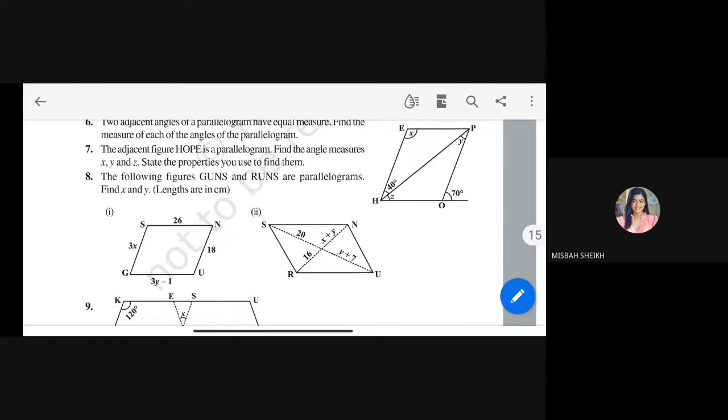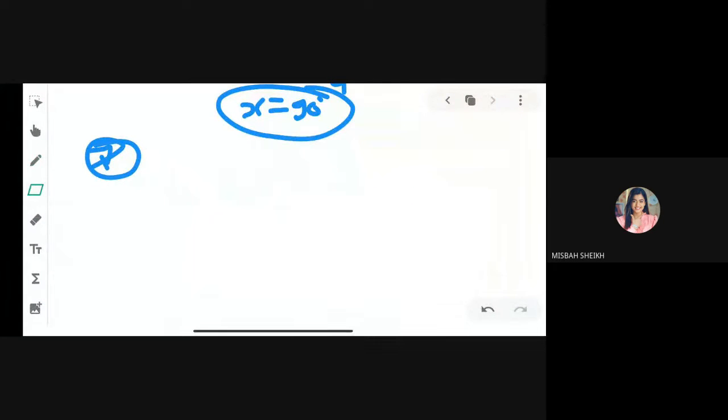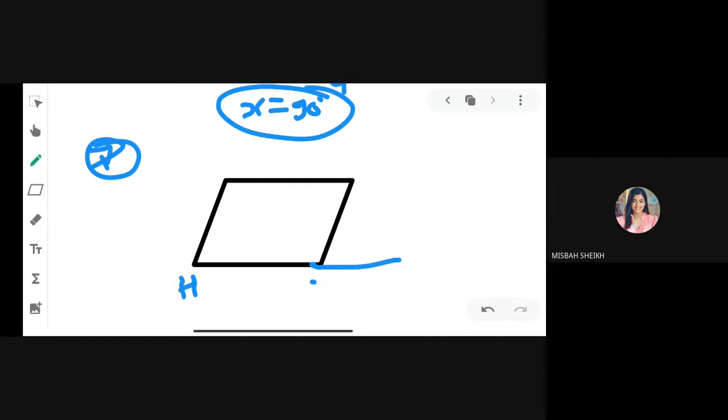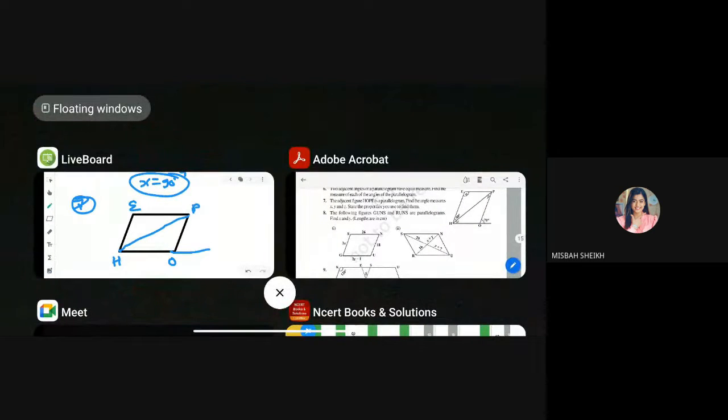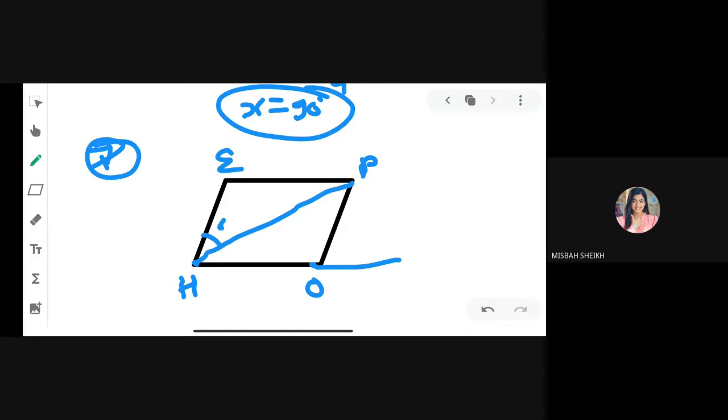Okay, see here, HOPE, in which 70 degrees, 40 degrees, x, y, and z are given.